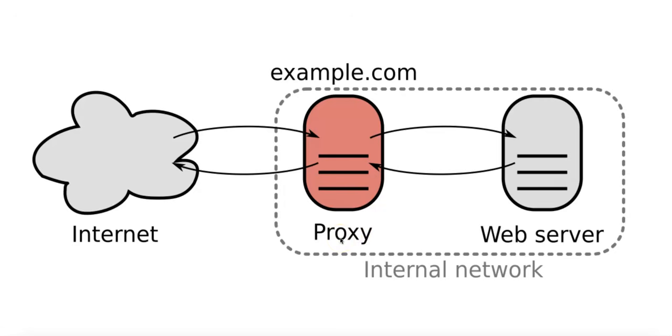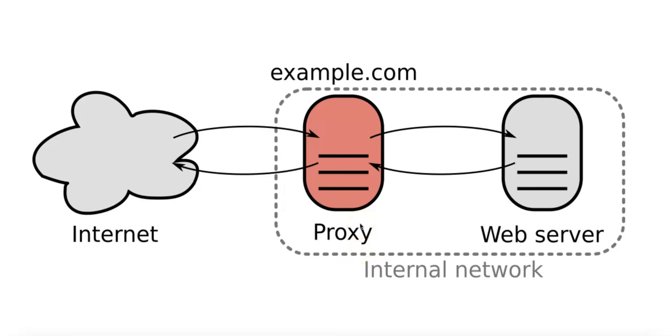Another feature of reverse proxies is SSL termination. So the reverse proxy can manage SSL or TLS encryption and relieves these backend servers of the computational burden associated with secure connections. And this simplifies certificate management and enhances performance by offloading the encryption and decryption processes to the reverse proxy itself.